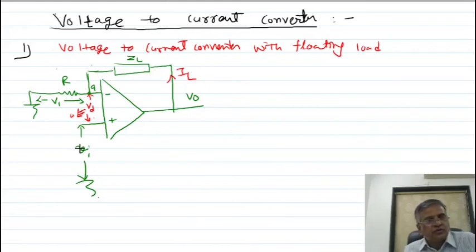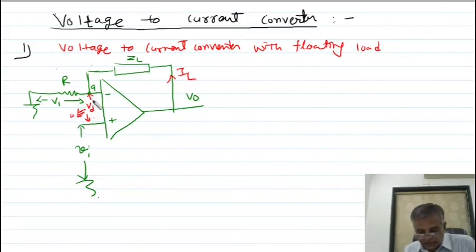Due to infinite input impedance of the op-amp, it does not draw any current. Second, due to the infinite value of the open loop gain of the op-amp, the voltage drop between the inverting and non-inverting terminals is very, very small, tending to 0.